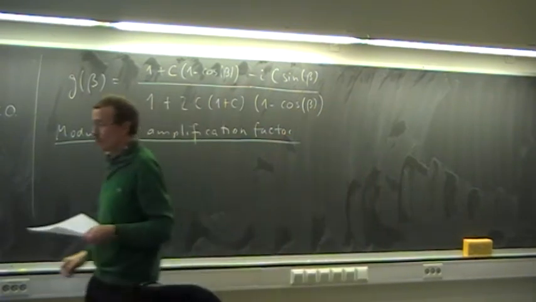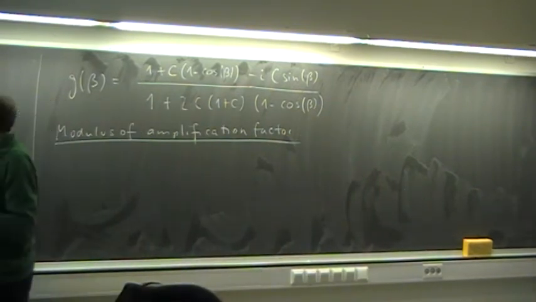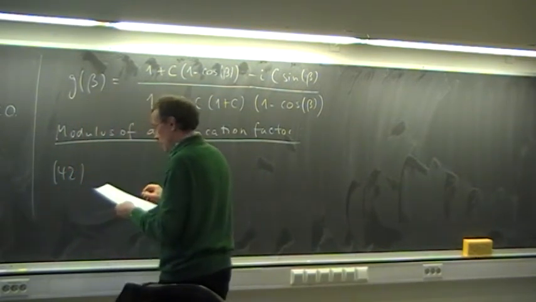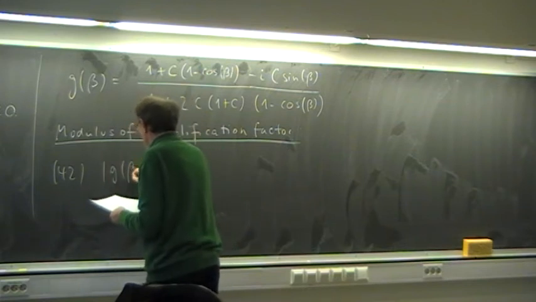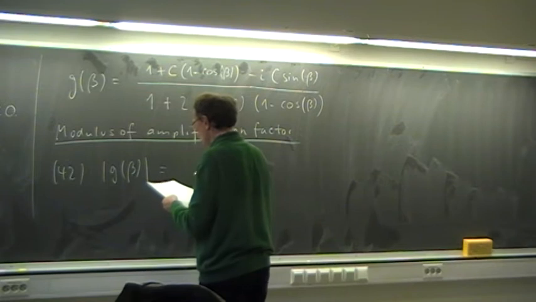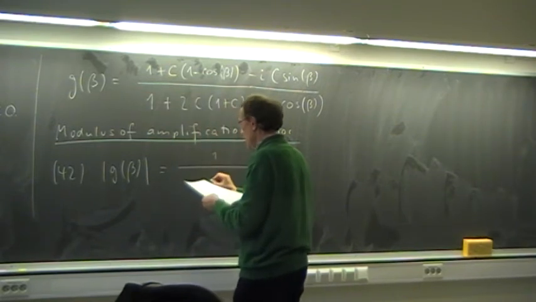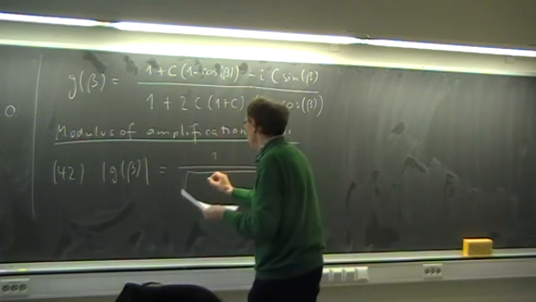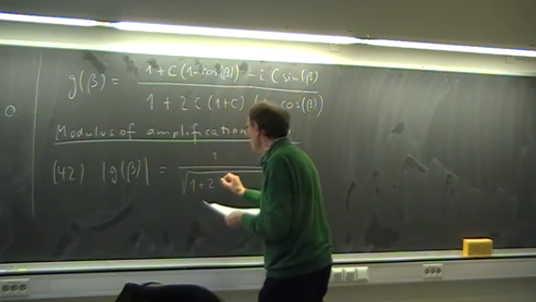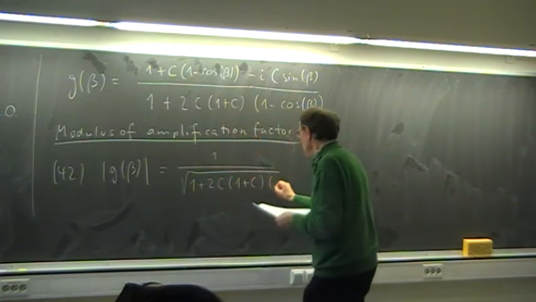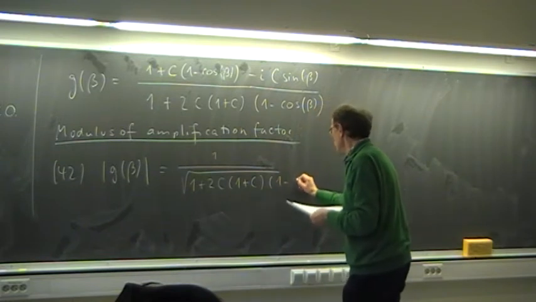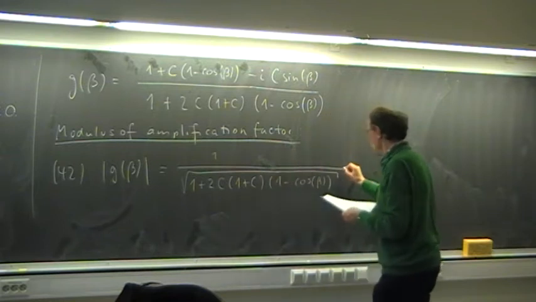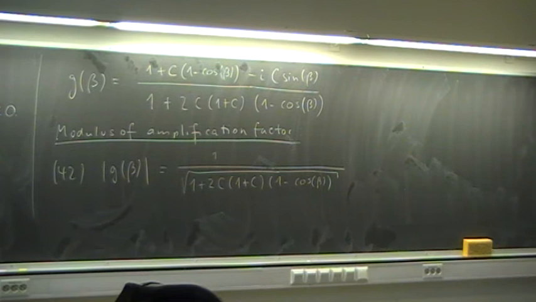That is then simply what we take from the square root of this here. Absolute value g of beta is equal to 1 divided by, and then we would take the square root of the denominator. What we have over there is 1 plus 2c(1 plus c)(1 minus cosine of beta). So that would be then the modulus of our amplification factor.